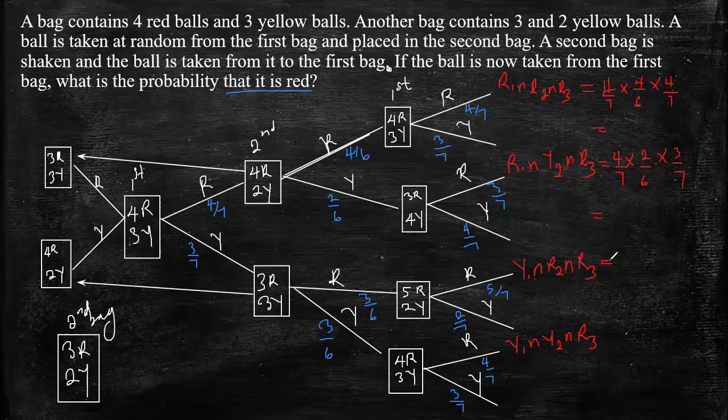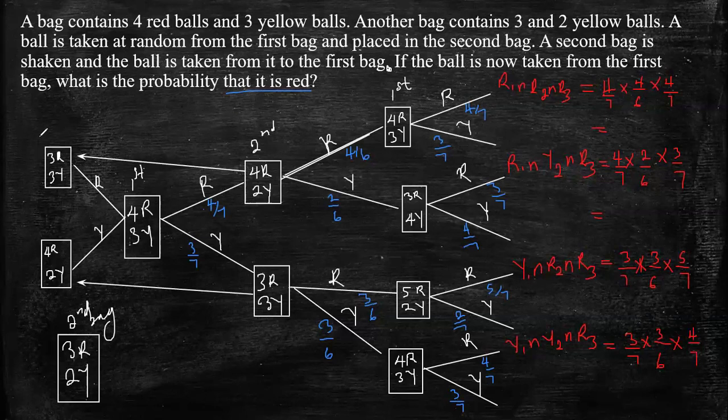This one here is going to be 3 out of 7 multiplied by 3 out of 6 multiplied by 5 out of 7. Then the last one is 3 out of 7 multiplied by 3 out of 6 multiplied by 4 out of 7.